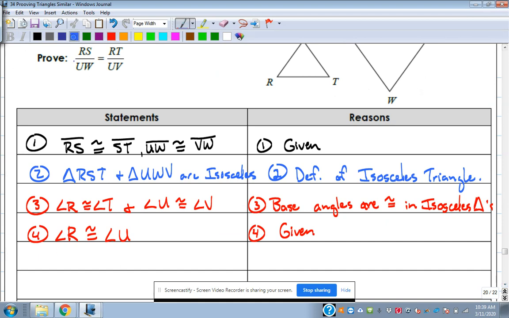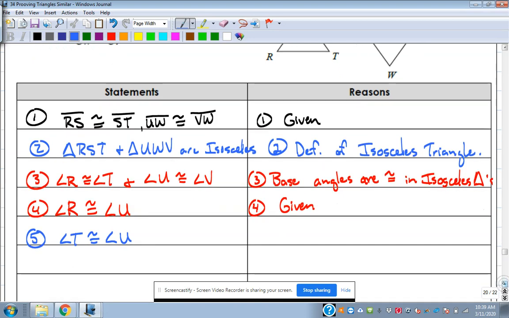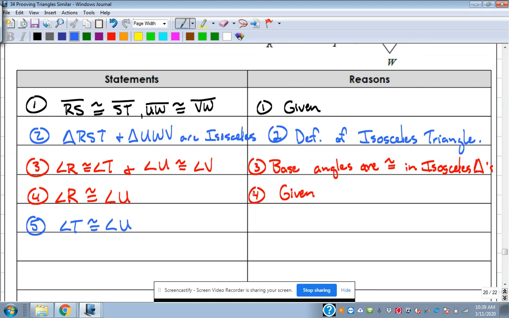So angle T is congruent to angle U through transitive.